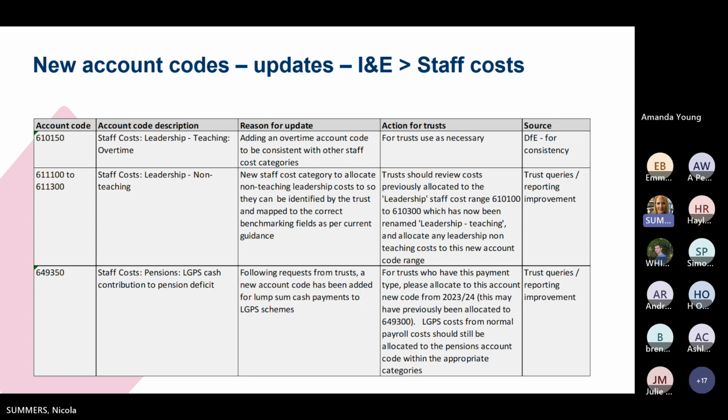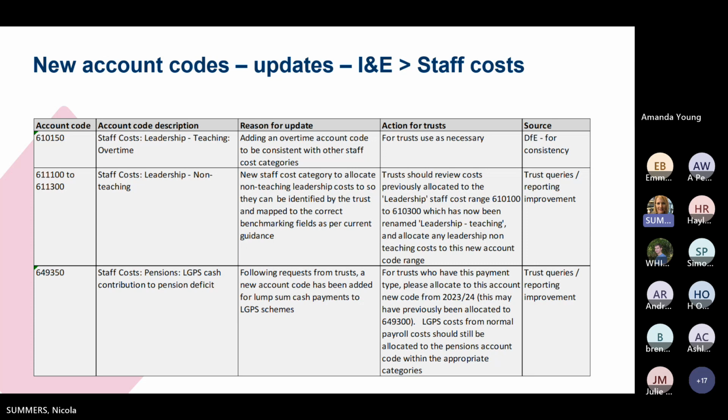We've also added a new staff category for leadership non-teaching. Again, similarly to the loans and provisions, we've repurposed the existing leadership code to a leadership teaching set of account codes, and then we've added a new range for non-teaching. This was based on sector feedback that there was nowhere to put it: even though it's called leadership on the accounts return, they all mapped through to teaching.